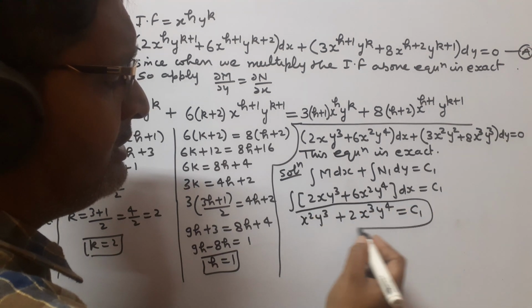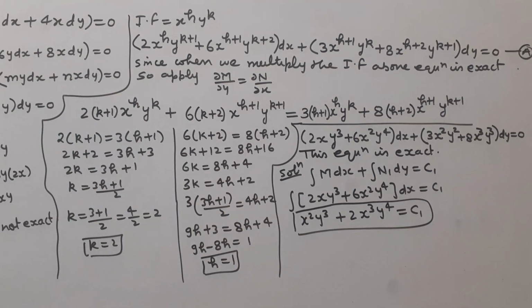So this is the solution of the given differential equation: x squared y cubed plus 2x cubed y to the power 4 equal to c1.